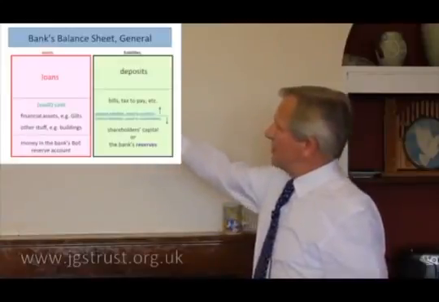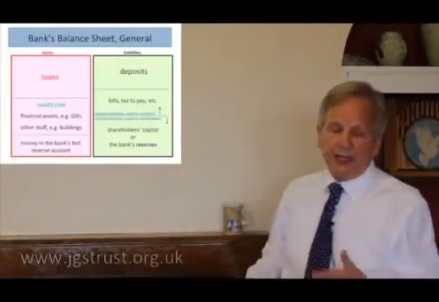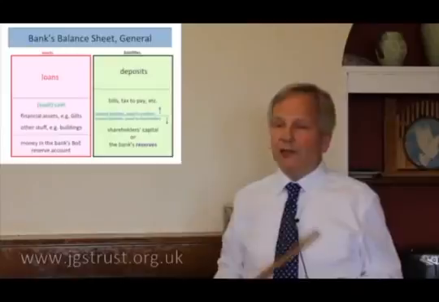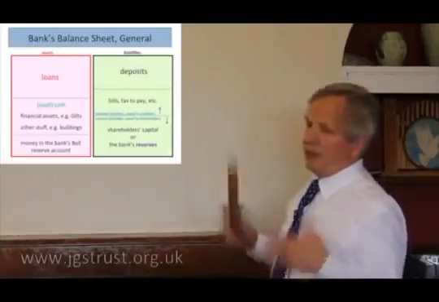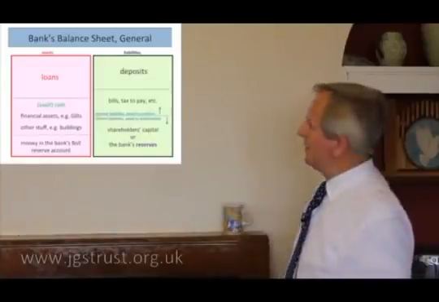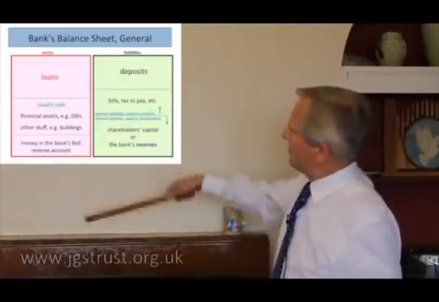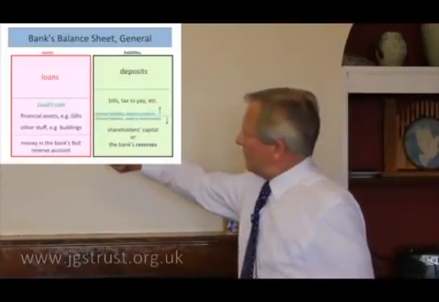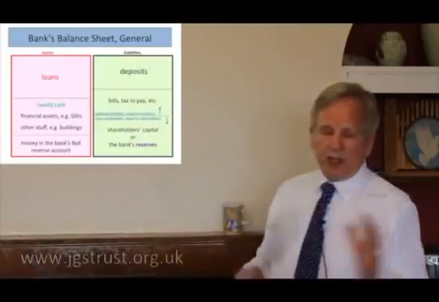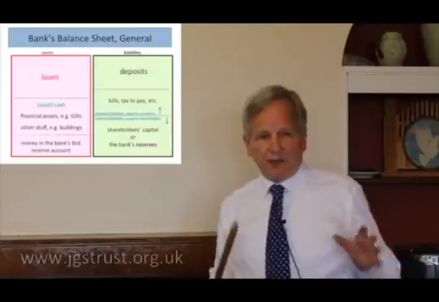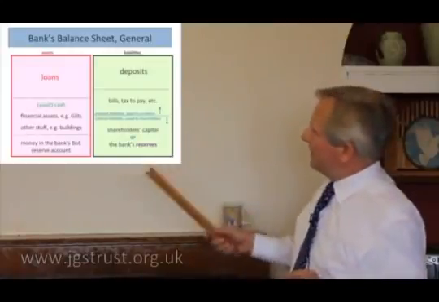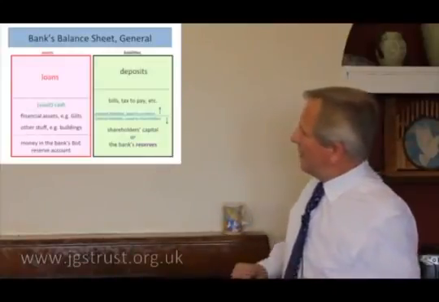Assets, financial assets, the banks tend to buy gilts, which are IOUs from the British government. It's a favourite asset of banks, and obviously the nice buildings that you see, and the cars and so on and so forth. And also, remember, initially the shareholders put their initial money into the account at the Bank of England, which is called their reserve account.